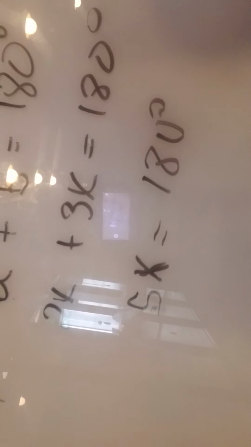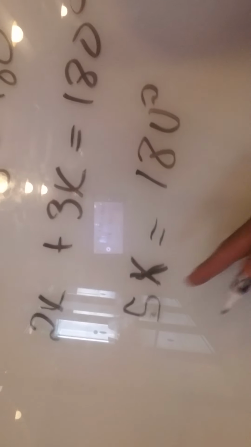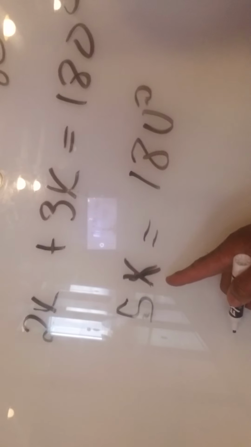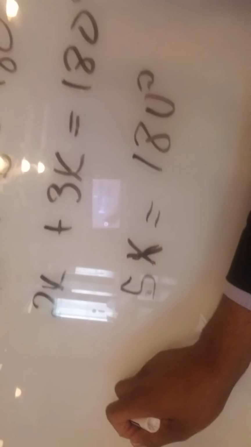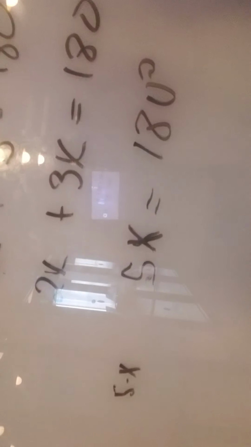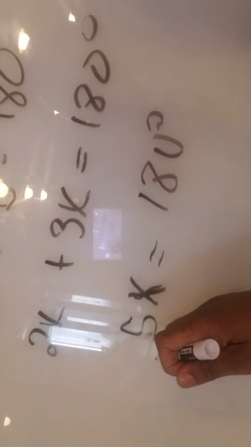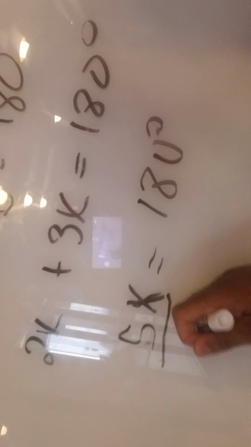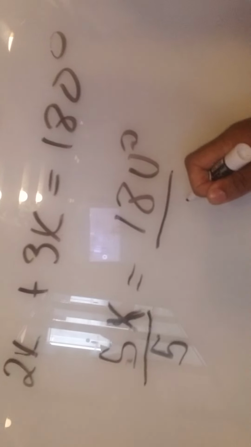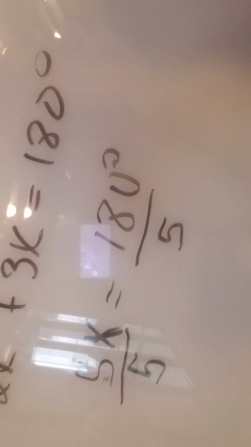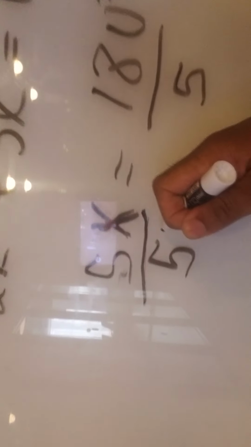What do we do now? We disconnect the 5 from the variable using the opposite. 5 is connected to x by multiplication in 5x, right? Therefore, to unconnect it, we need to divide by 5 and divide by 5 here. What happens to this 5 and this 5?